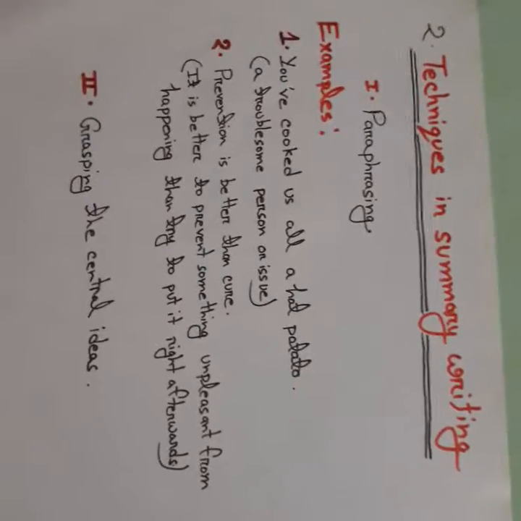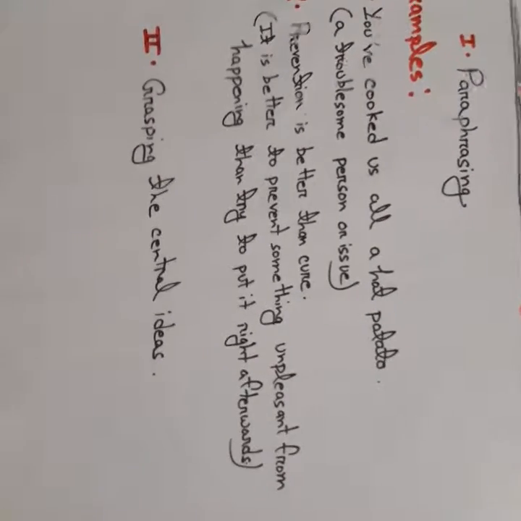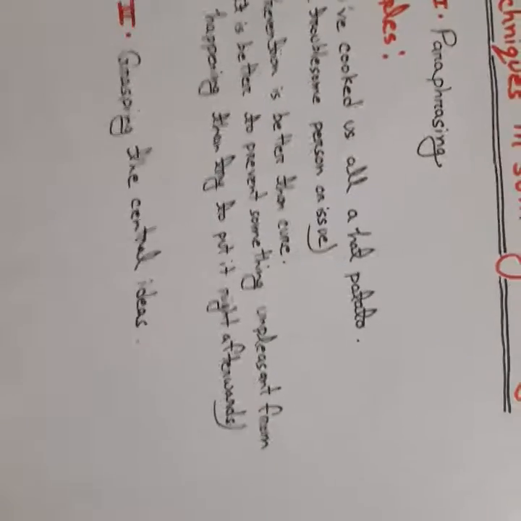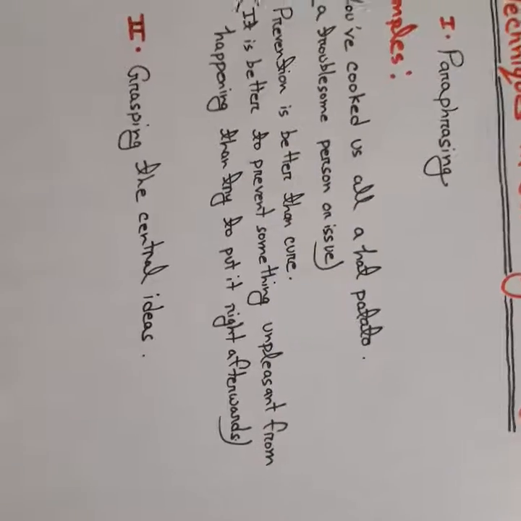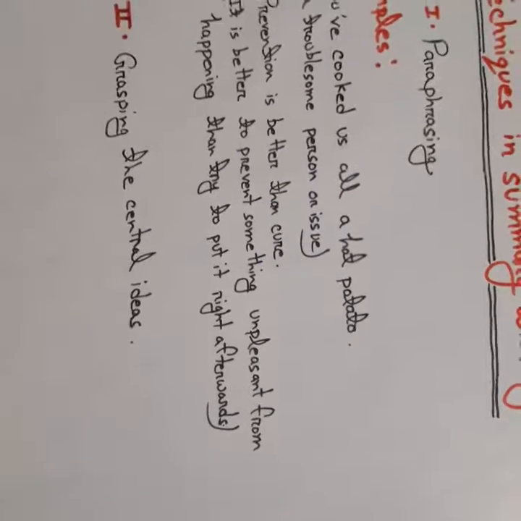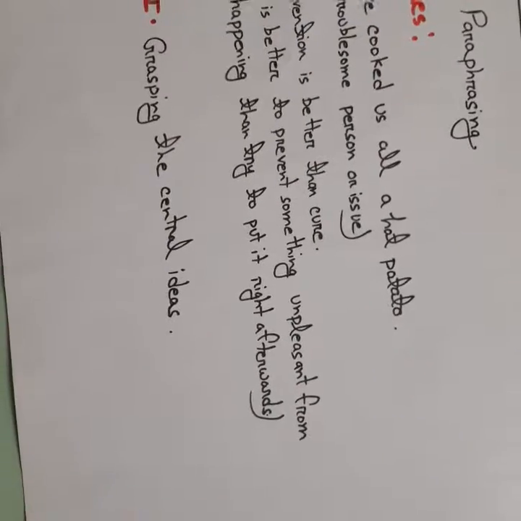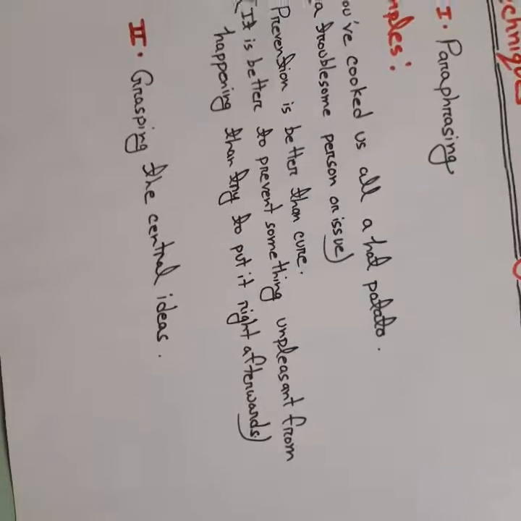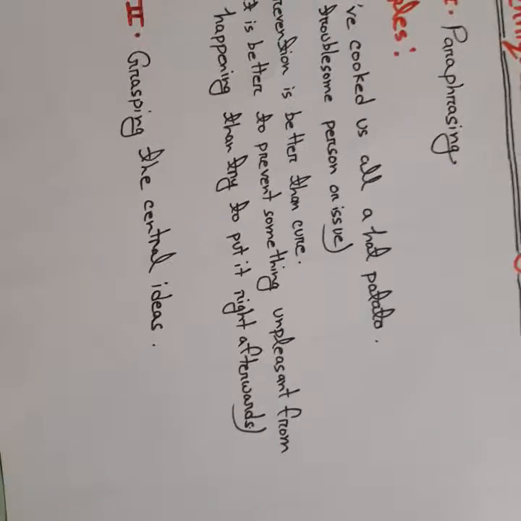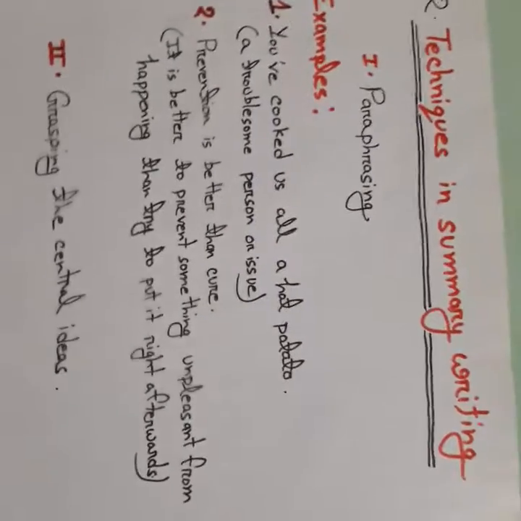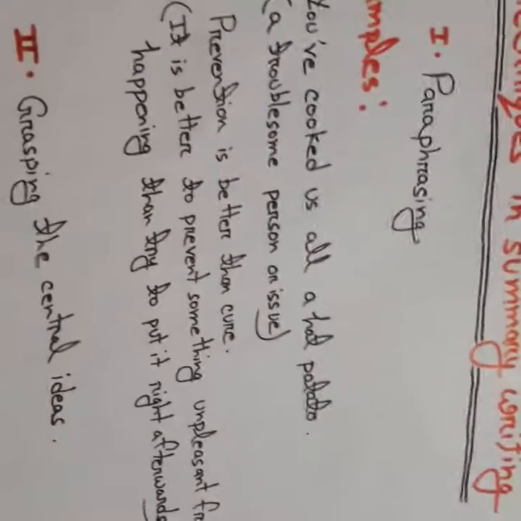So what is paraphrasing? Paraphrasing is a topic sentence that summarizes the main idea of a paragraph or text, which is also known as the focus sentence. It will also offer the readers an insightful view of the writer's main idea.